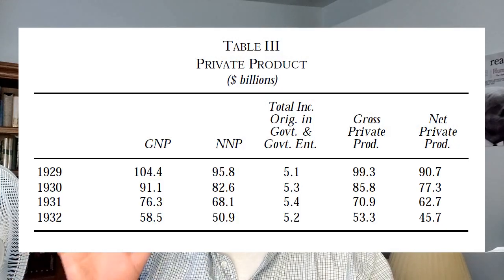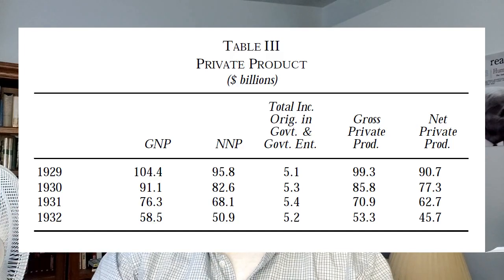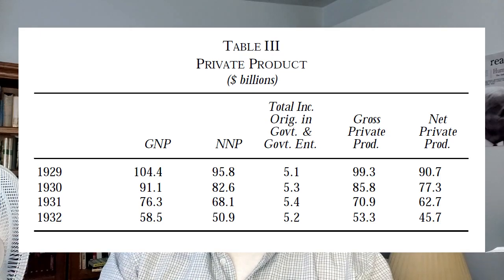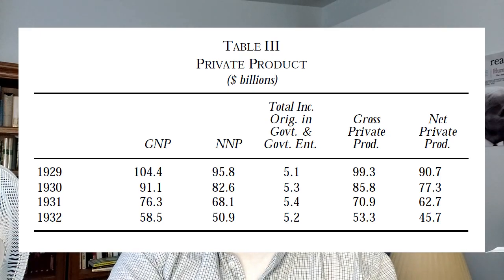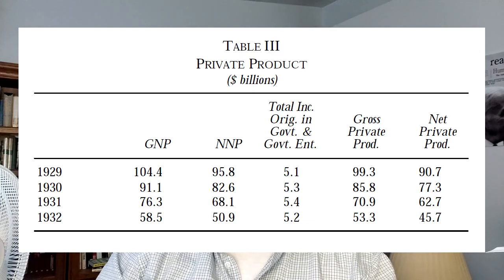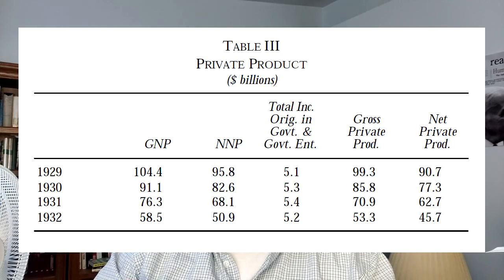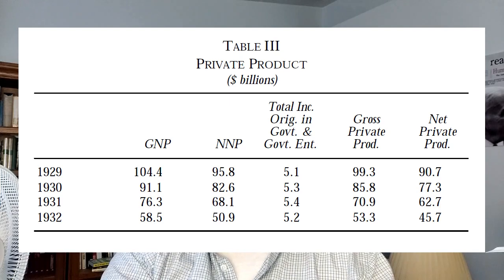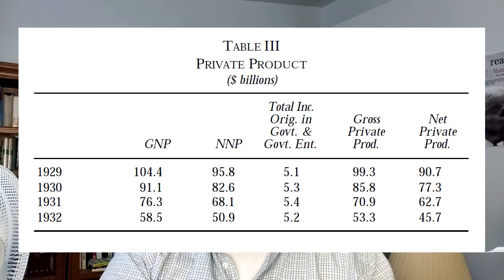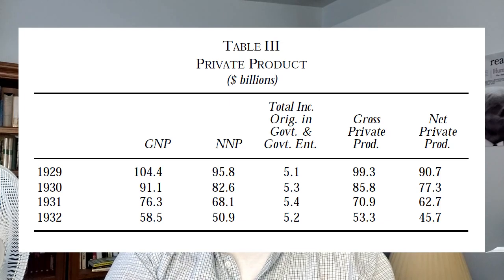Moving on to Table 3, we have the private product. In Table 3, again, we have the 4 years as our rows, and again, we have 5 columns. Column 1 and 2 are taken straight from Table 1. They're the gross national product and gross private product. Column number 3 is total income originating in government and government enterprises, which is taken from the last column of Table 2. And then by subtracting column 3 from column 1, we get column 4.